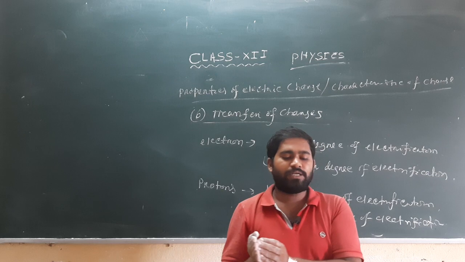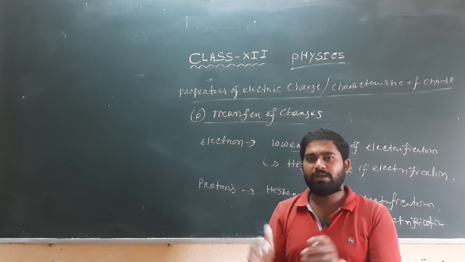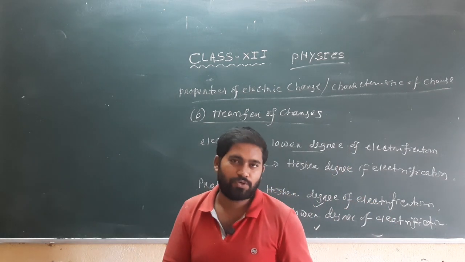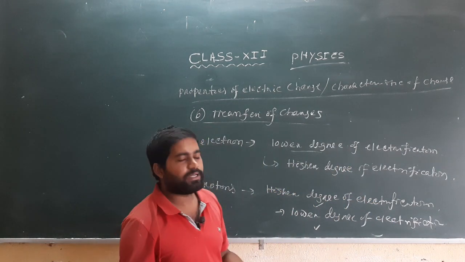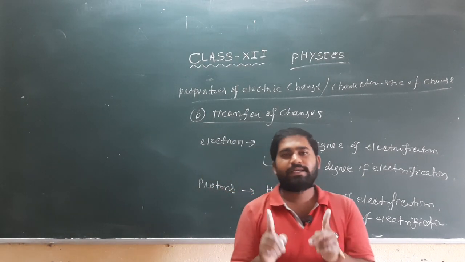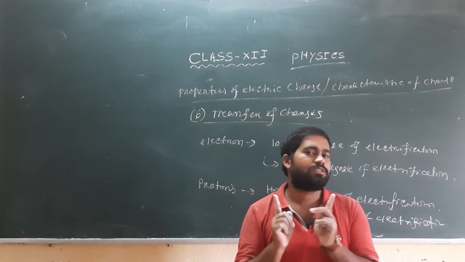When the bodies acquire the same degree of electrification or the same value of charge, the transfer of electric charges stops. So we can say the transfer of electric charges stops when both bodies get the same degree of electrification or the same value of charge.